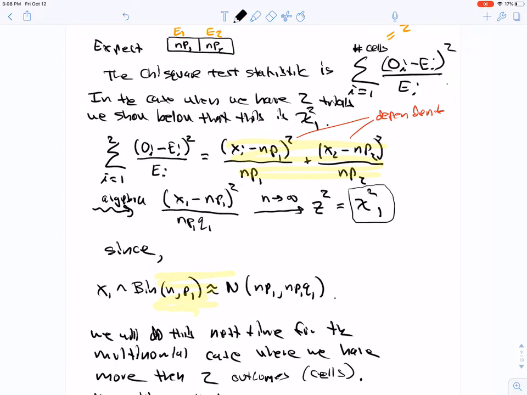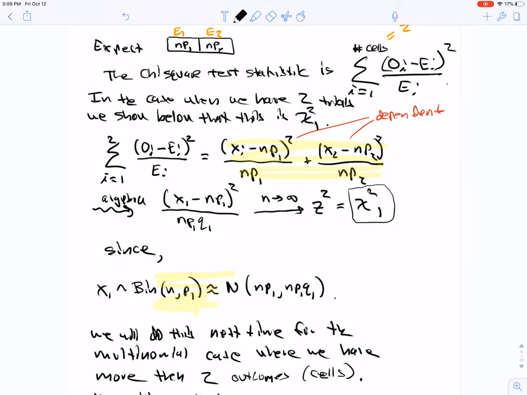The cool thing here is that I'm writing a sum of two terms, but these terms are dependent. This dependency is eliminated by doing this algebra, in which case we just get a single term.